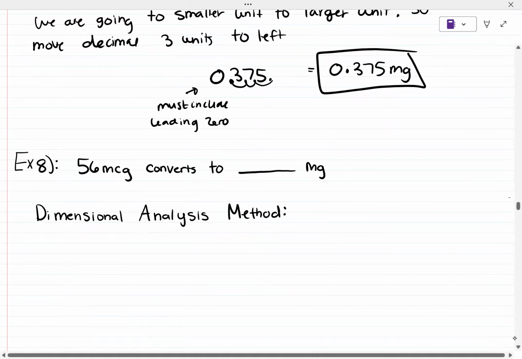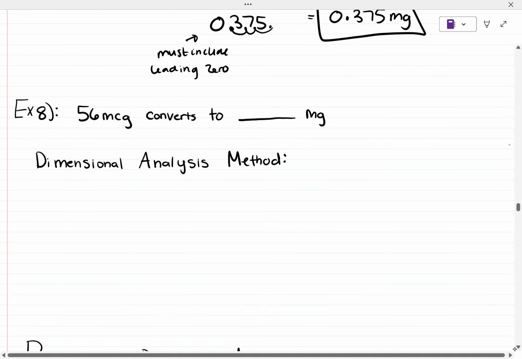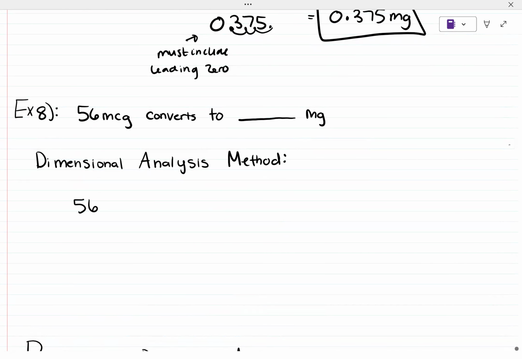Okay, sample eight. We have 56 mcg converts to how many mg? So let's start with the dimensional analysis method. As you can see, I put mcg on the bottom because I want the mcg to cancel. And what's the relationship between mg and mcg?